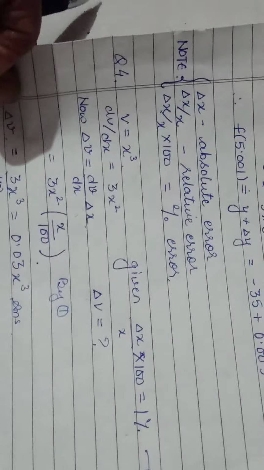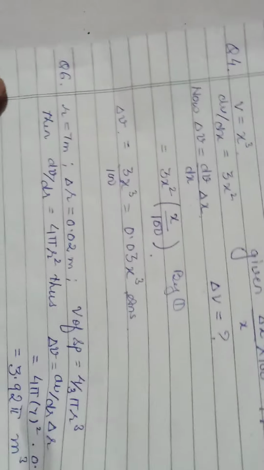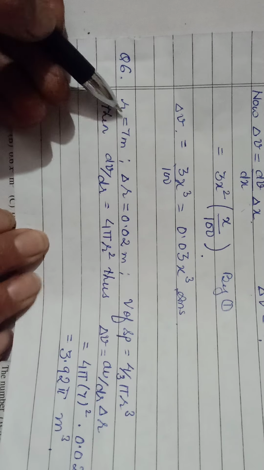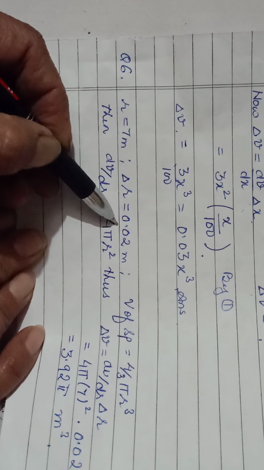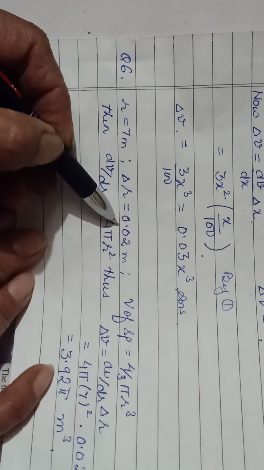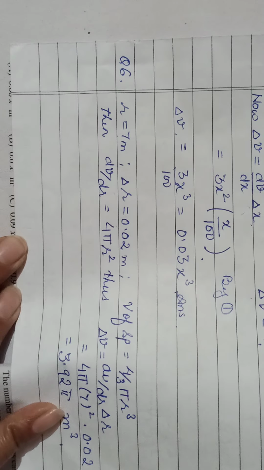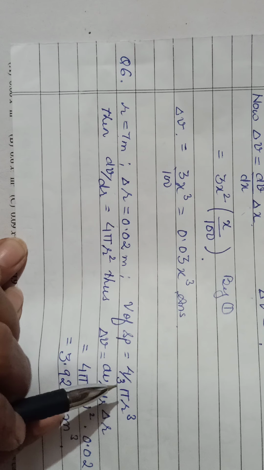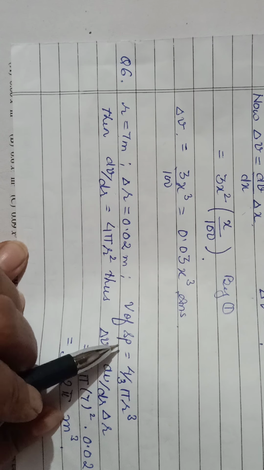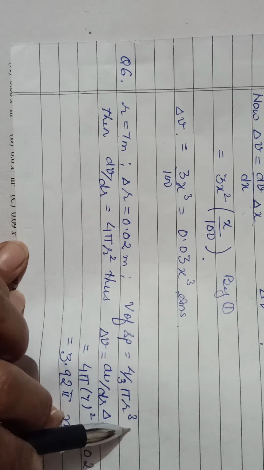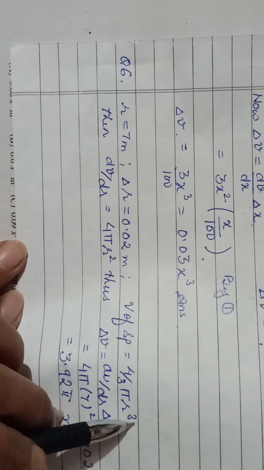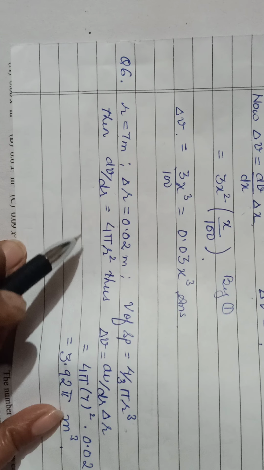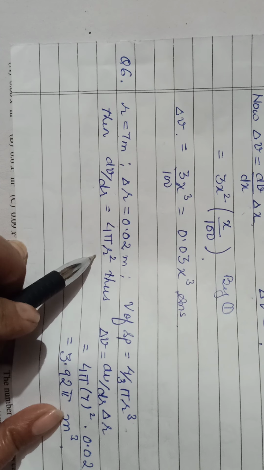So for this question, you will take your R as 7 and the error in R as 0.02. Okay, and we have to find the error in the volume. So first we need to connect volume and radius, and we know volume of a sphere is given by 4/3 pi r cube. So we will find its derivative. dv by dr would become 3 will come here, cancel out this 3, 4 pi r square.